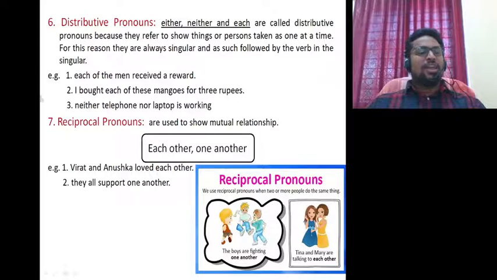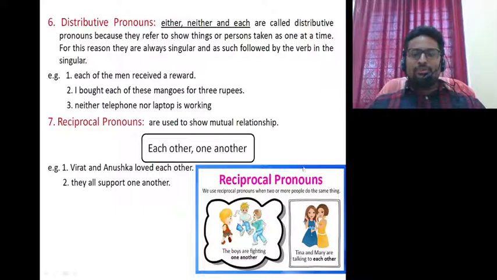That's why we call them reciprocal pronouns. Each other, one another are reciprocal pronouns. They all support one another. It shows a mutual relationship among them, so there we have to use one another.